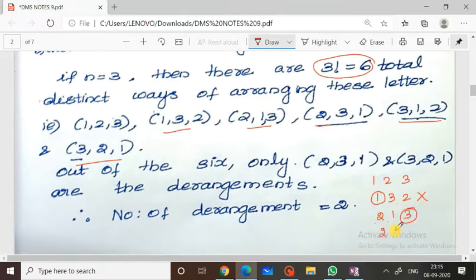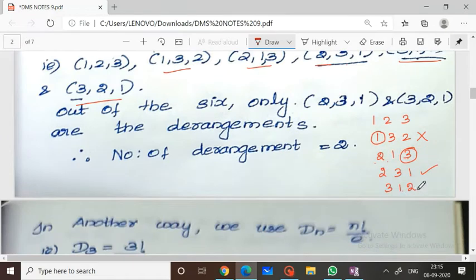Now, 2, 3, 1. So this is a derangement. Now 3, 1, 2: 3 comes in the first place, 1 in the second place, 2 in the last place. That means this is also a derangement. Now, 3, 2, 1. Is it a derangement? No, because 2 is in the second place. 2 is fixed.